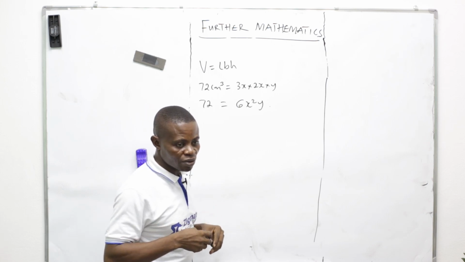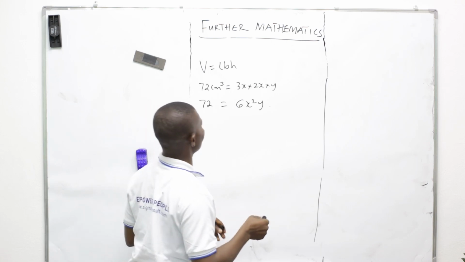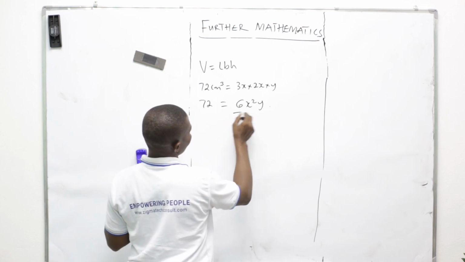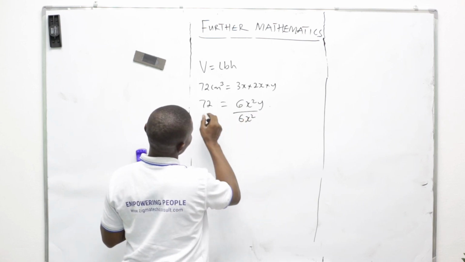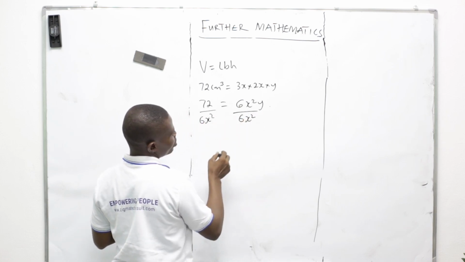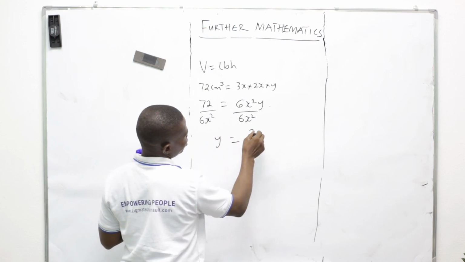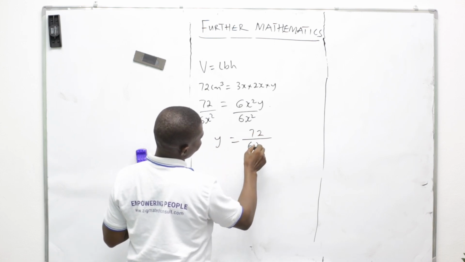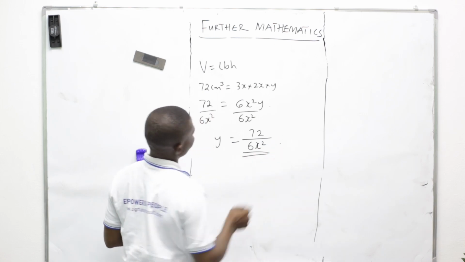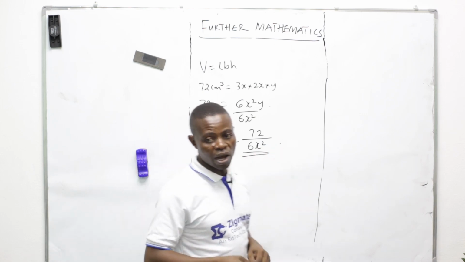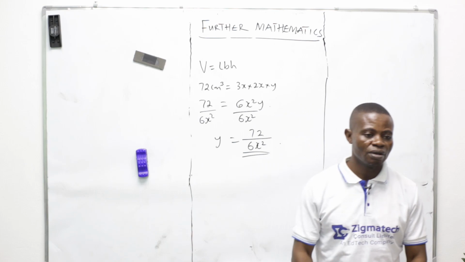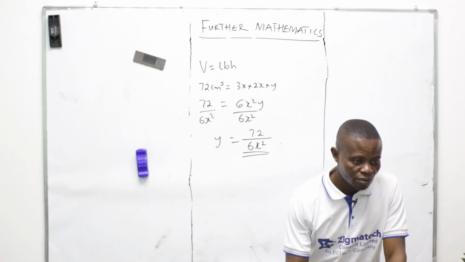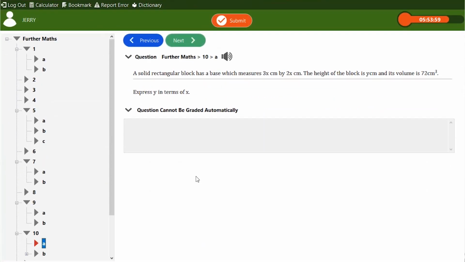Now, express y in terms of s, meaning make y subject of the formula, dividing through by 6s squared. That is y equals 72 all over 6s squared. We have made y subject of the formula. Let's check B part of it.